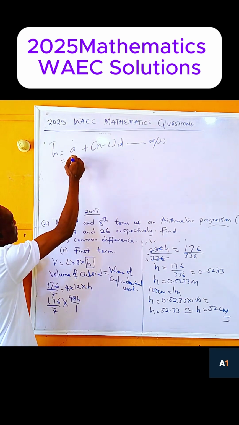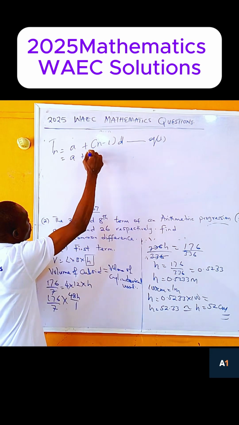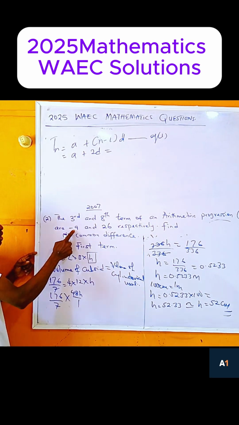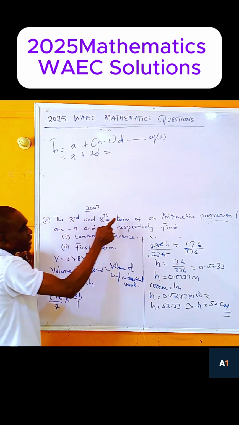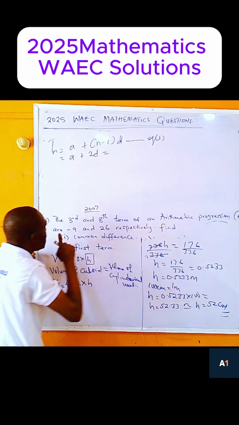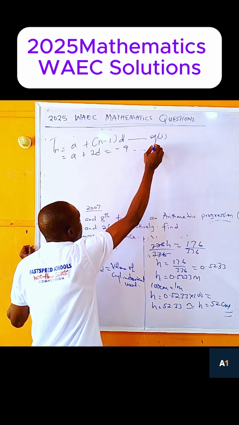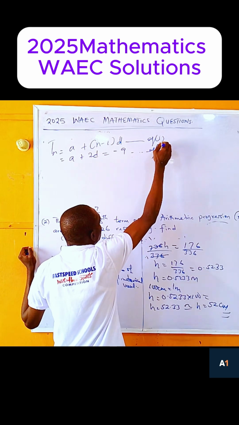So for the first statement, we have A plus 2D equal to -9, because they said the third and the 8th term of an arithmetic progression are -9 and 26. Call this one equation 2.